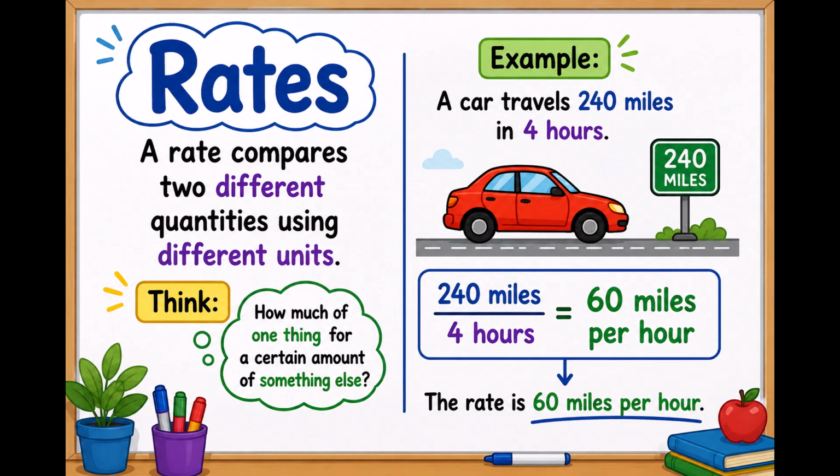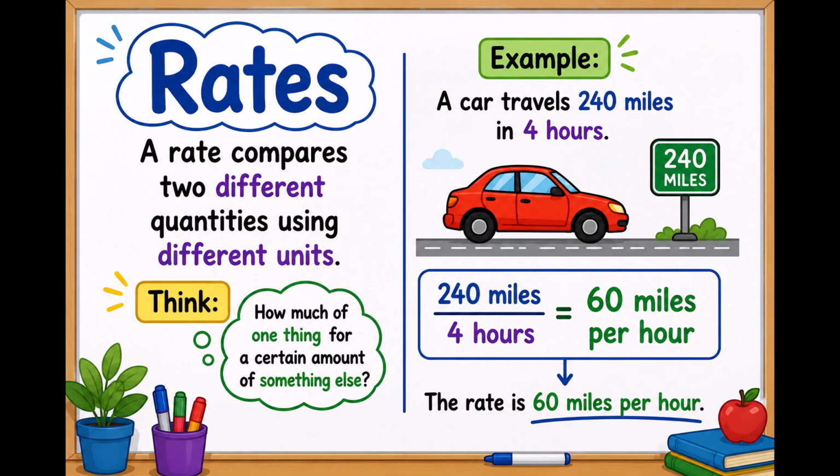To find the unit rate, divide the total miles by the total hours. So we have 240 miles divided by 4 hours. And that will give us 60. So the car travels 60 miles in 1 hour.